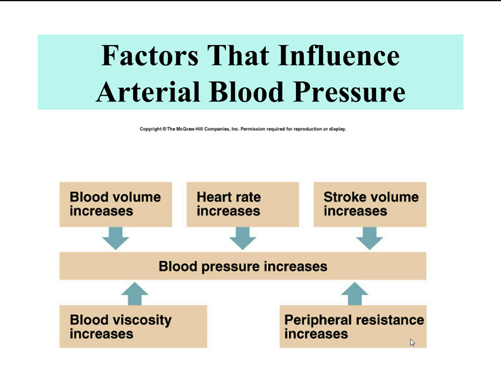Stroke volume also increases. Stroke volume is the amount of blood being pushed when that ventricle contracts. So as stroke volume increases, blood pressure is going to increase. As blood thickness or viscosity increases, the blood pressure is going to increase.